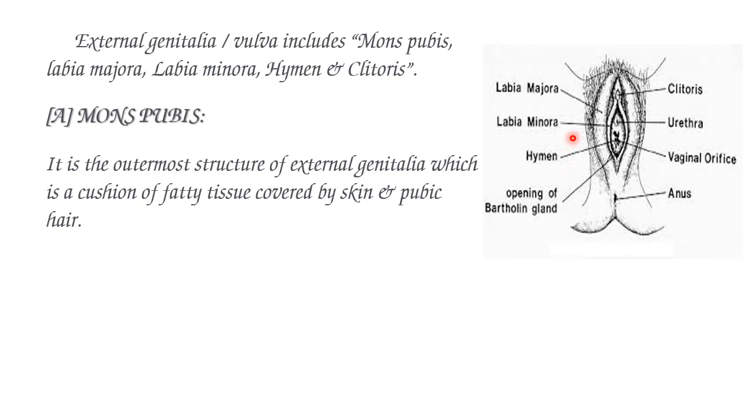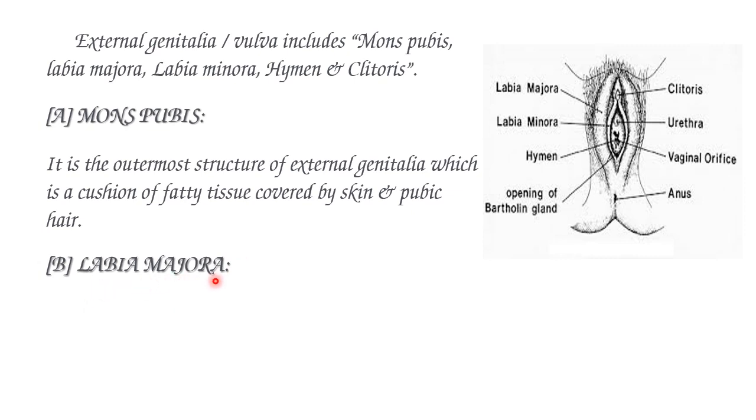This region is the mons pubis. The pubic hair growth starts at puberty, after sexual maturity. So the growth of pubic hair indicates secondary sexual characters.